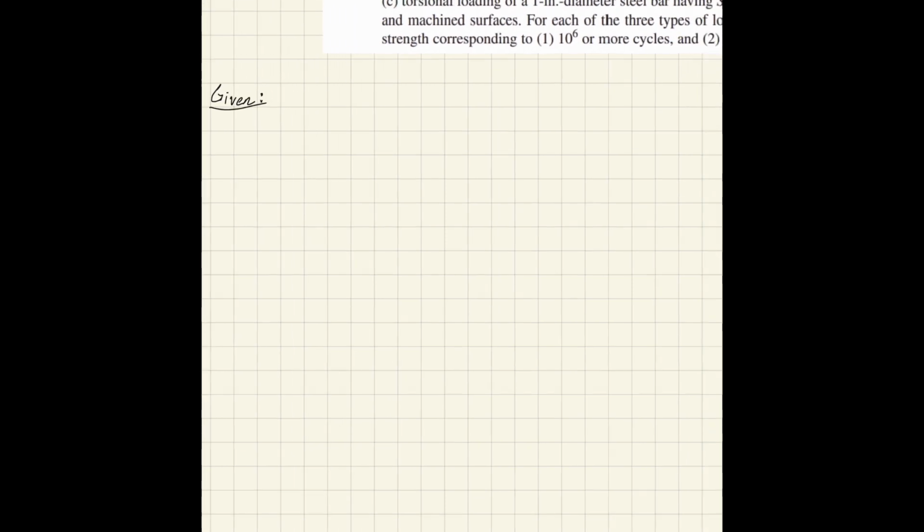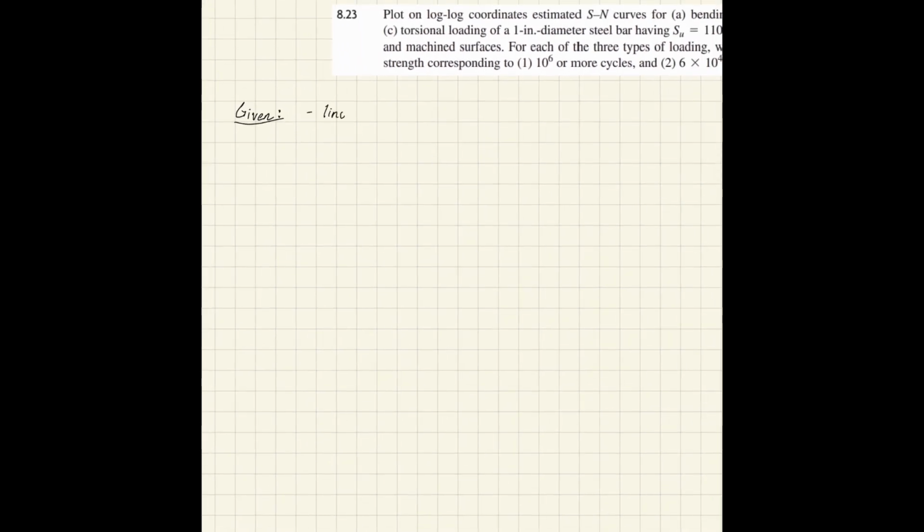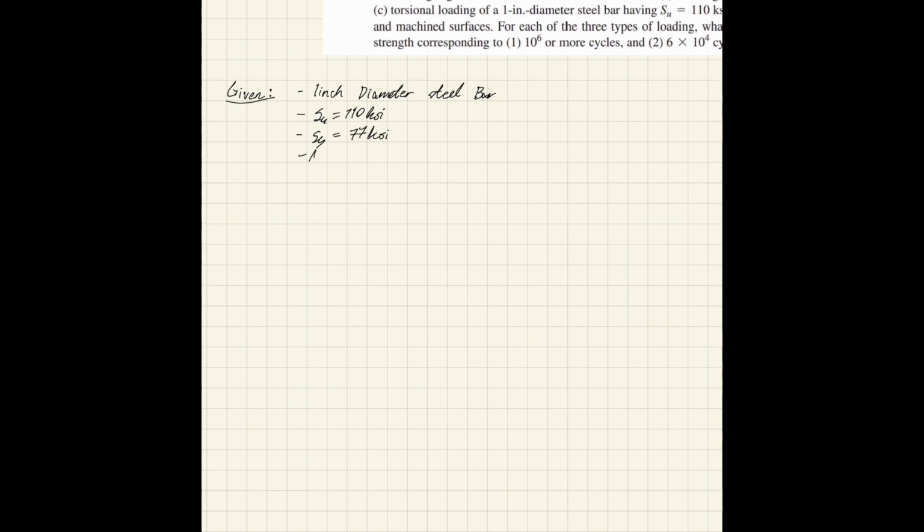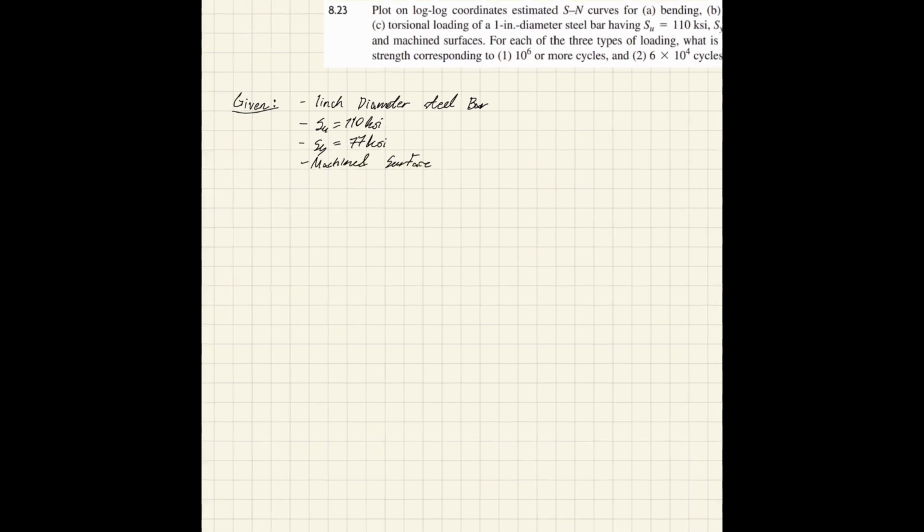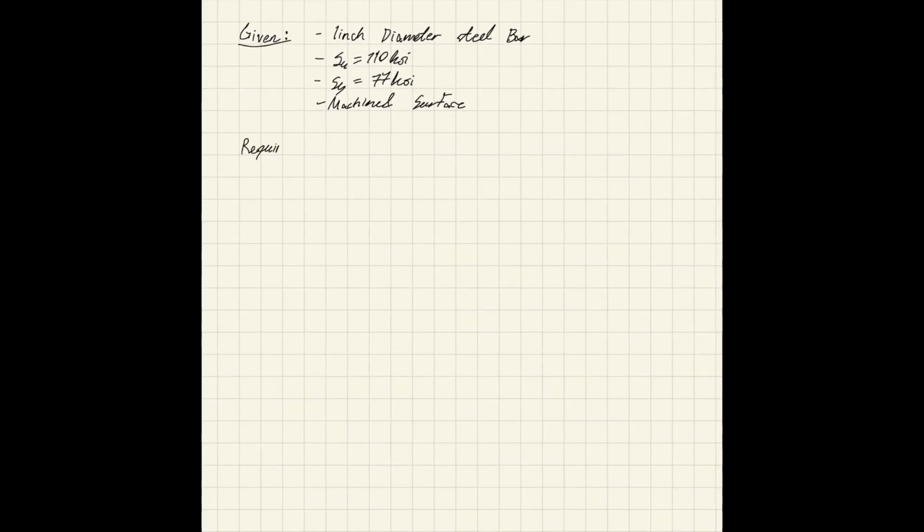What is the fatigue strength corresponding to 1, 10 to the 6 or more cycles, and 2, 6 times 10 to the 4? So first, given, we have a 1-inch diameter steel bar, SU 110 KSI, SY 77 KSI, and we also know that it is a machined surface. So for the required, what is required?